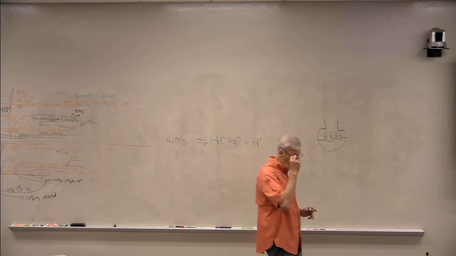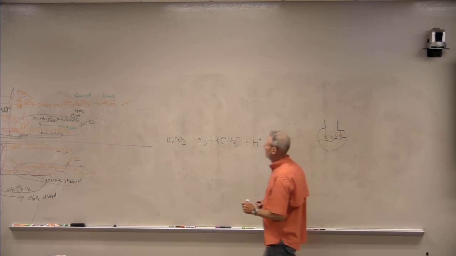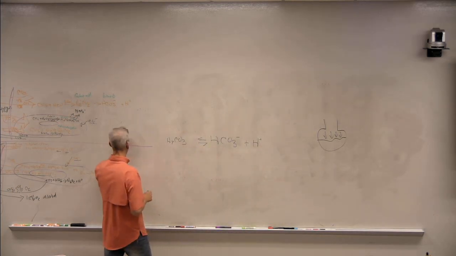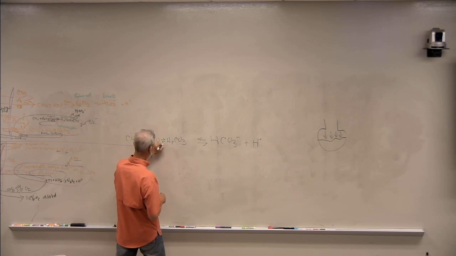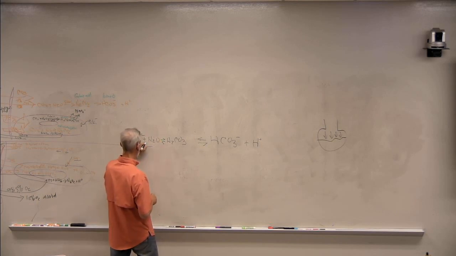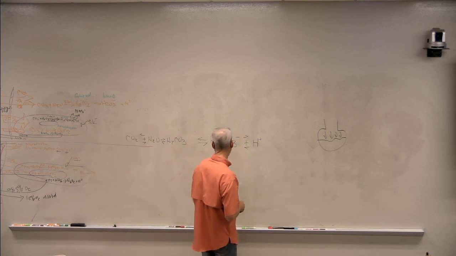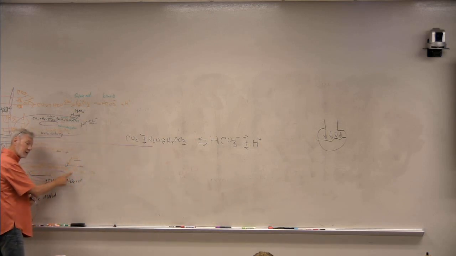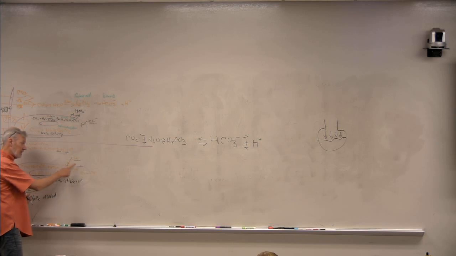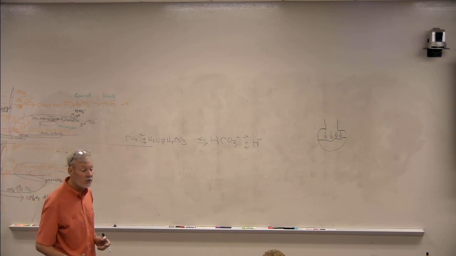So all you have to really remember is CO2 plus H2O, and when you do the double arrows, that means it'll go both ways. I forgot to mention, when the bicarb comes back into the red blood cell, a negative charge, HCO3-, comes into the red blood cell, and guess what it does? It kicks the chlorine out.